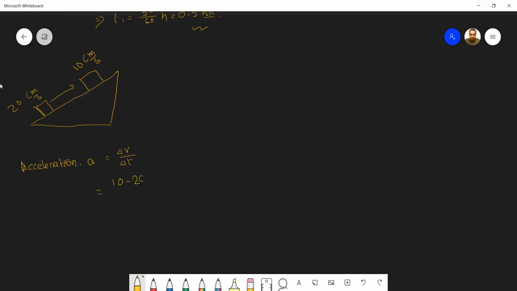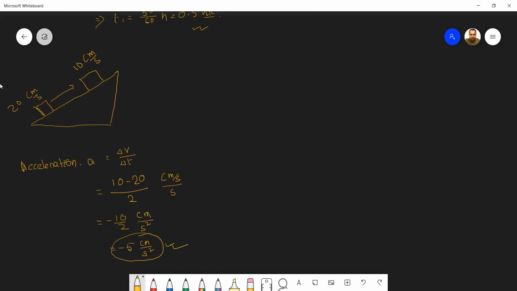So 10 minus 20 centimeter per second divided by 2 seconds time. So it will be minus 10 by 2 centimeter per second square, so it would be minus 5 centimeter per second square. Okay, so this is the acceleration.